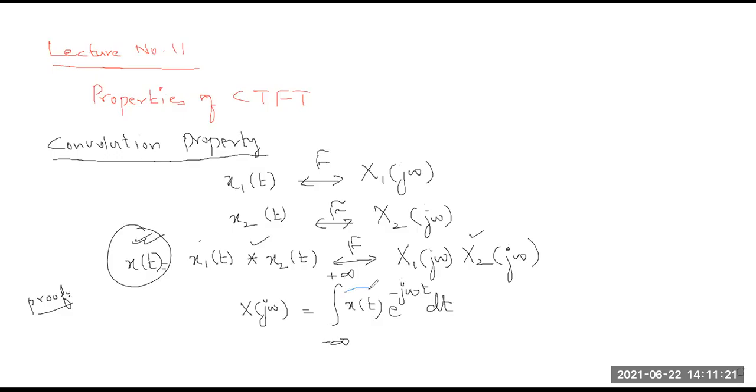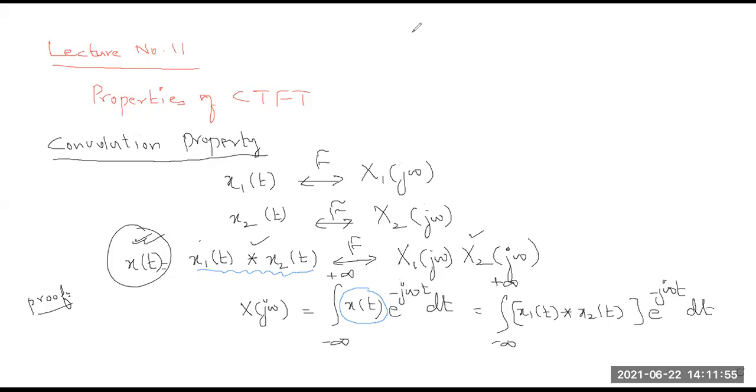Now this signal is equal to the convolution between x1 and x2, so I need to replace x(t) by the convolution of x1 and x2. In place of x(t), I will write x1(t) convolve with x2(t), and this is then multiplied with e power minus j omega t dt.